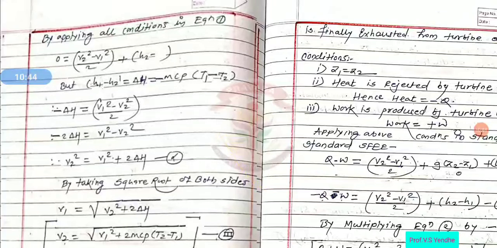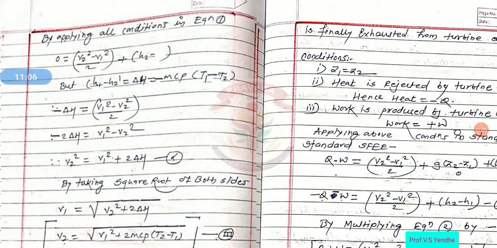After putting all these conditions into the SFE, the steady flow energy equation: Q is equal to 0, W is equal to 0, so those terms are 0. Then we know that Z1 is equal to Z2, so that term also becomes 0.